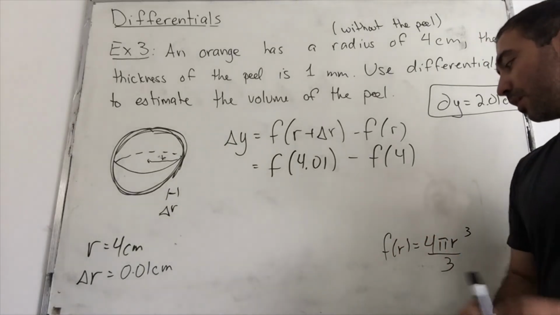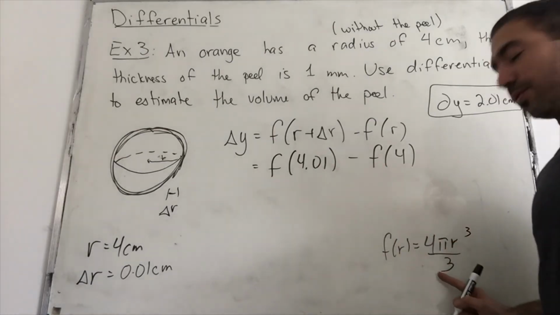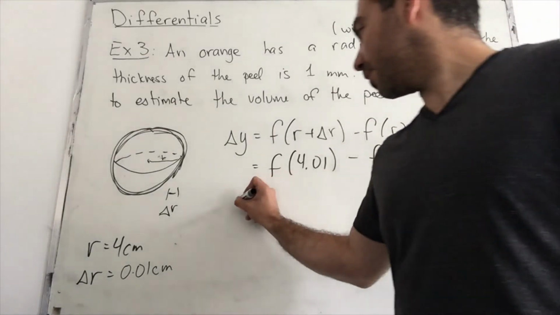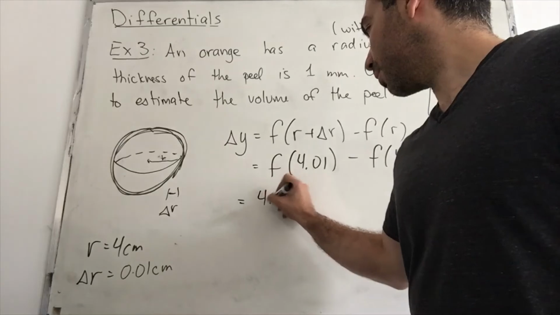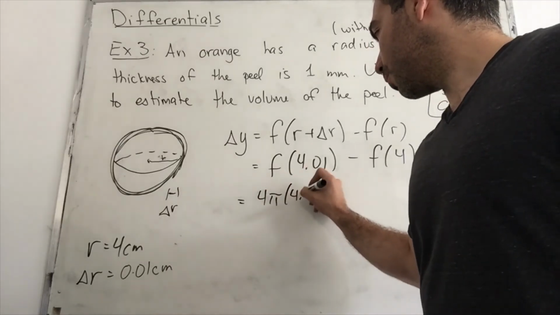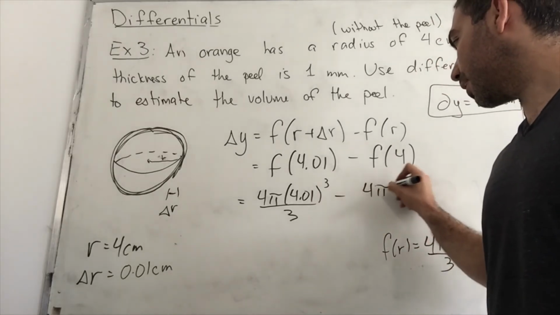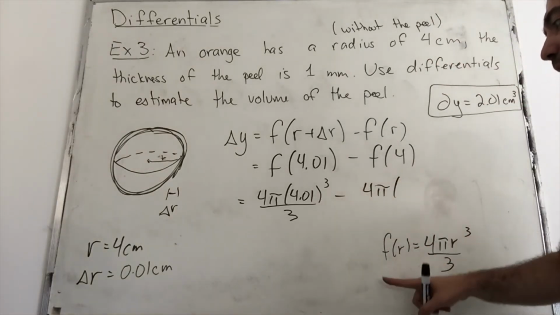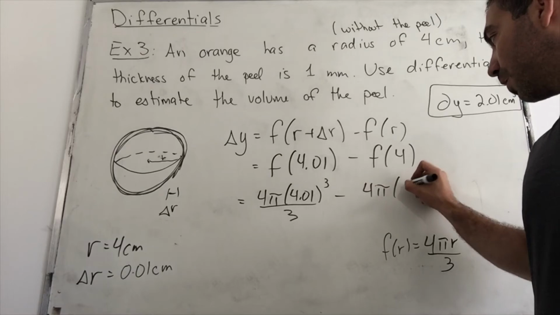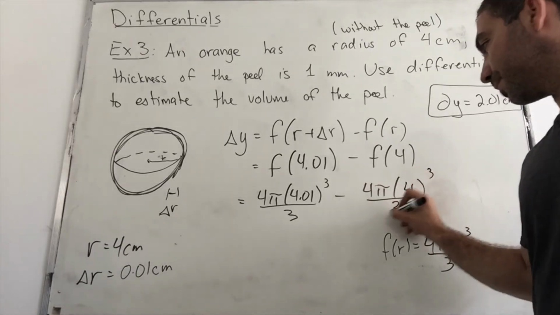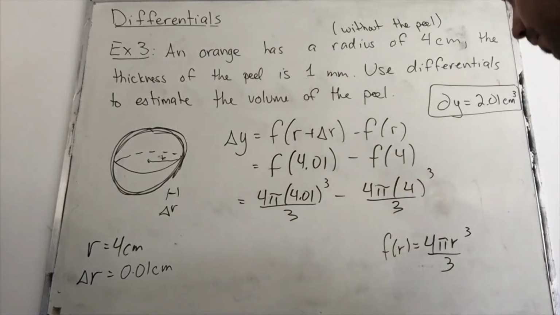Okay, so we're just going to plug these two values into this function here. So what we get is 4 pi times 4.01 cubed over 3 minus 4 pi times 4 cubed over 3. Notice that we didn't take the derivative this time, we're just plugging into the original equation. So let's go ahead and solve that.